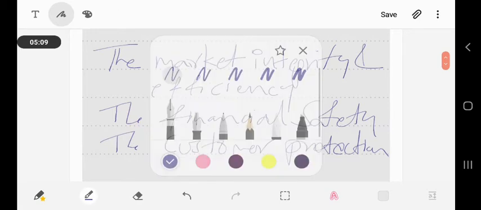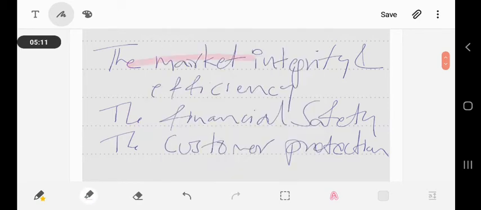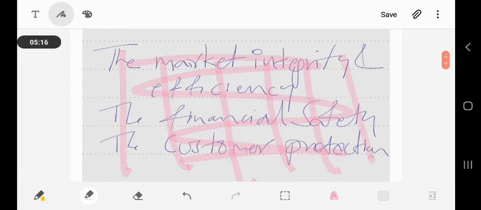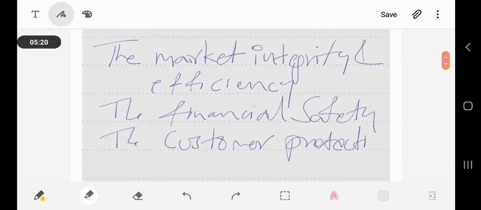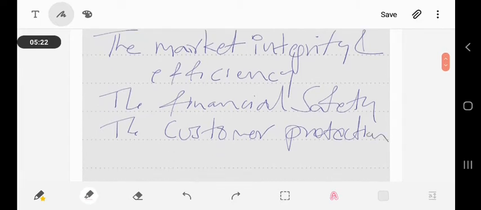These are the main success points for the growth of any financial market.